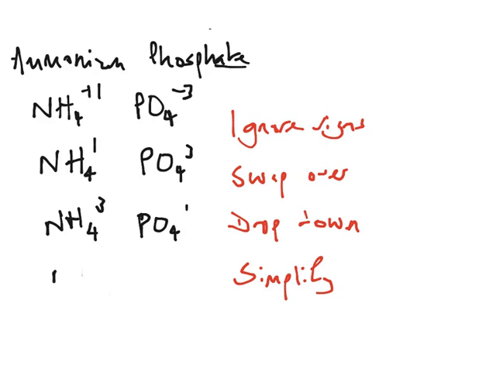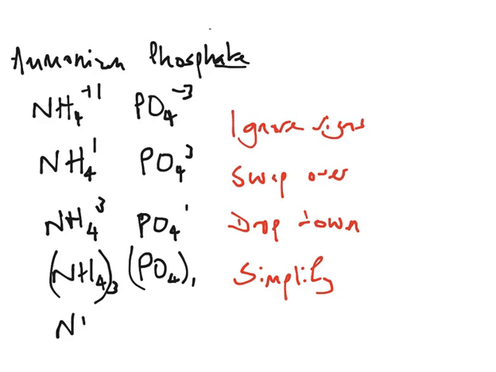We drop them down, NH4. That 3, remember, means we need 3 lots of NH4, and the PO4 is 1 lot of that, and so when we simplify we've got NH4 3 times PO4. That's the job done.